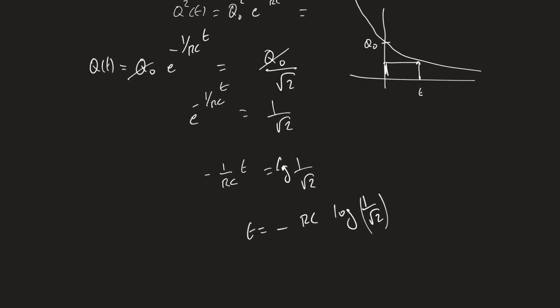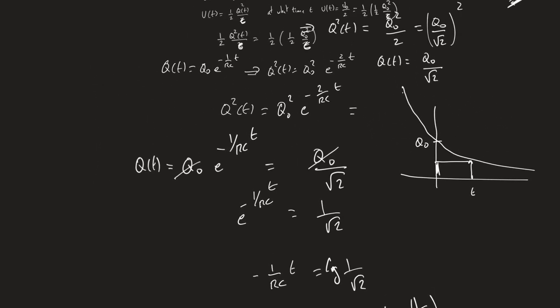At this time, how long is the time? So you will do it like this. Q of t will be Q0, because the discharge of the capacitor will start at a certain amount of charge, and it will go down as e to the minus t divided by RC, where RC is the critical time.